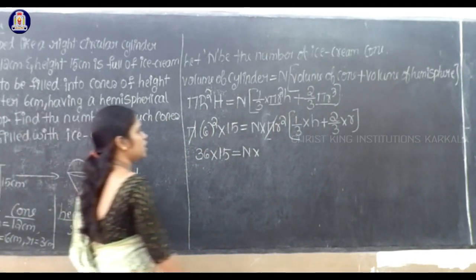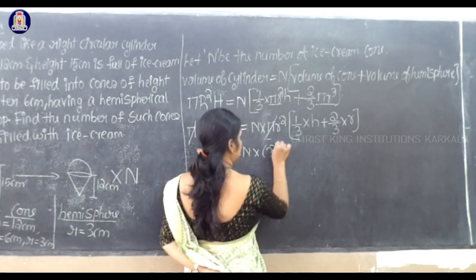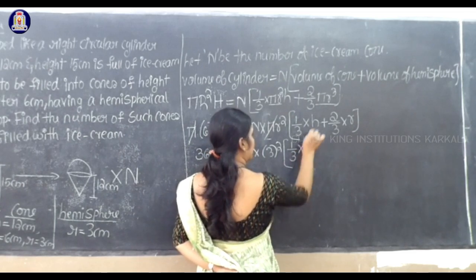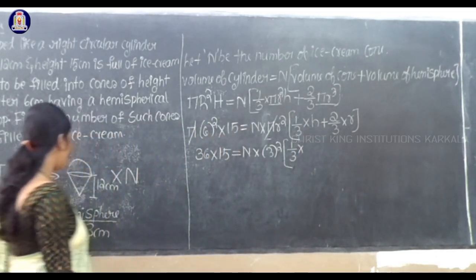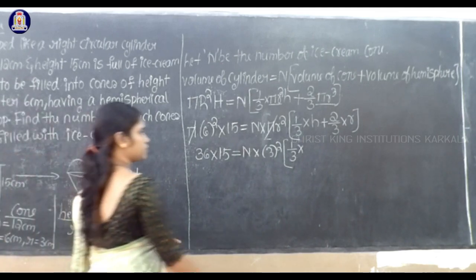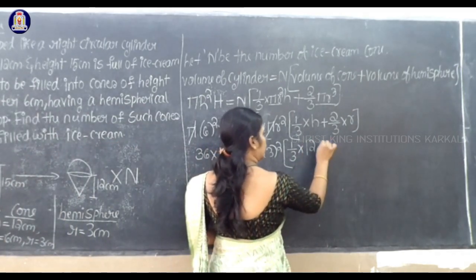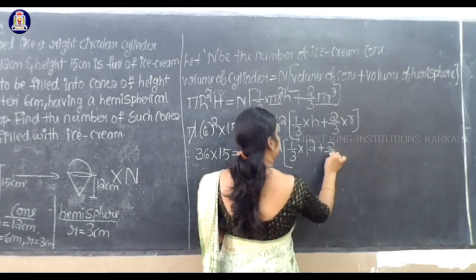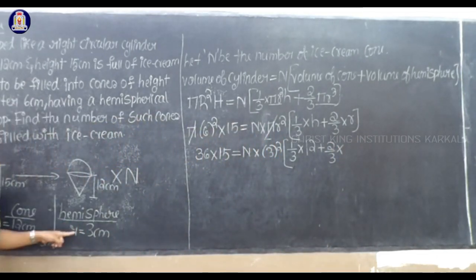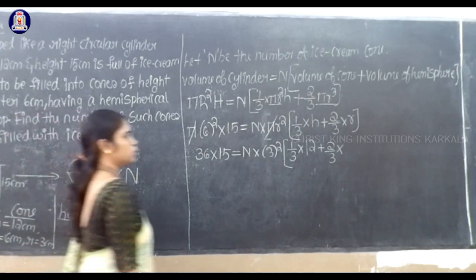So small r square means 3 square. 1/3 as it is, h. What is the value of small letter h? Small h is equal to 12, plus 2/3 as it is into small r. What is the value of small r? Small r is equal to 3.